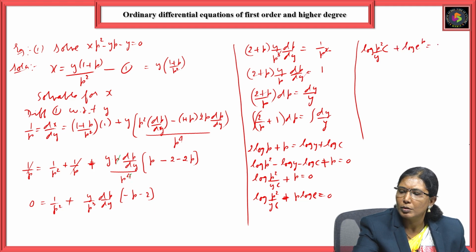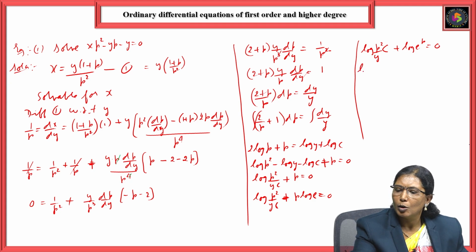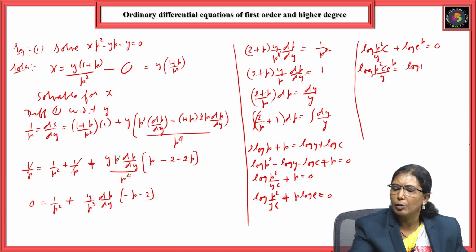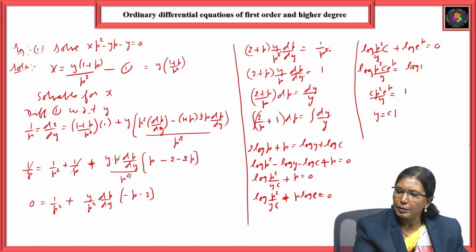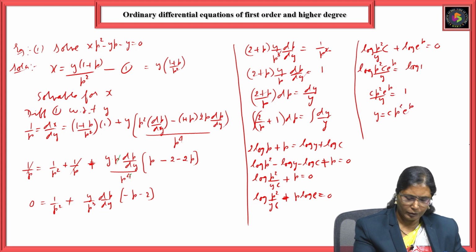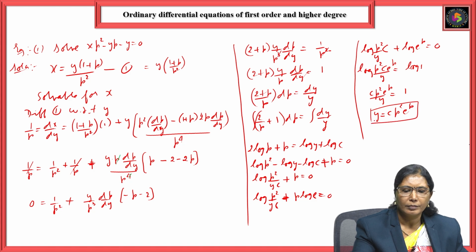So log of p square e to the power of p by yc, and we can write 0 as log 1. Removing log on both sides, we get p square e to the power of p by yc is equal to 1, so y is equal to c p square e to the power of p. Take this equation as 2.